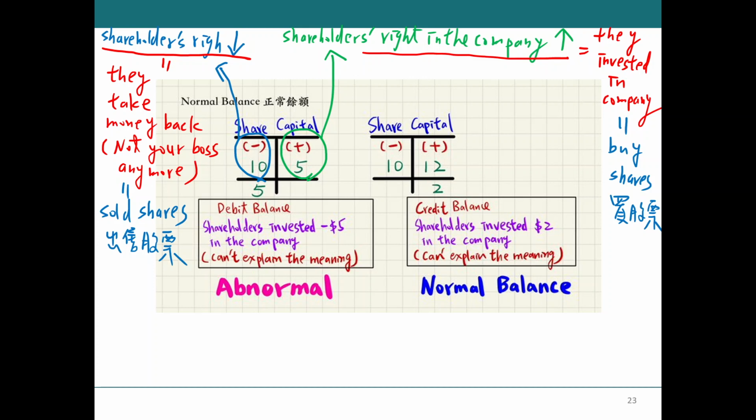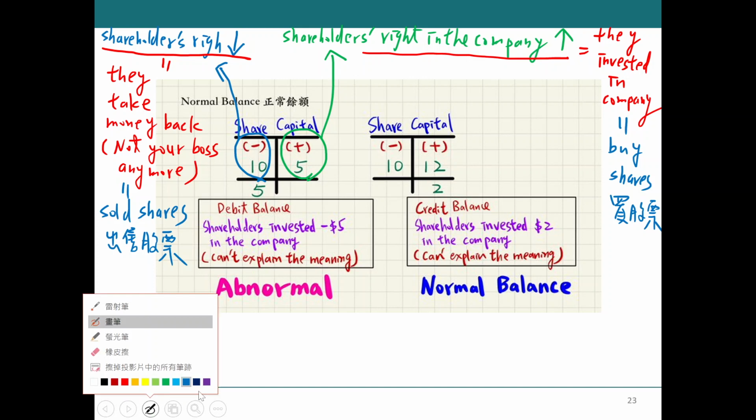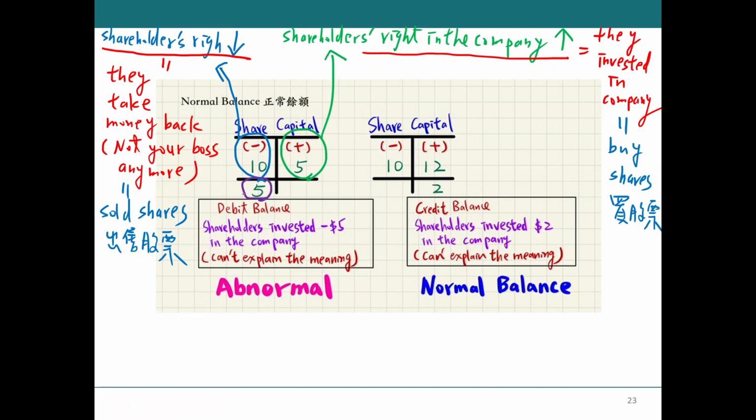If I want to become your shareholders, I will put $1, $2, $3 in your company. So my investment is positive 1, 2, 3, right? So what does that mean? Negative $5. Impossible. How to explain that?